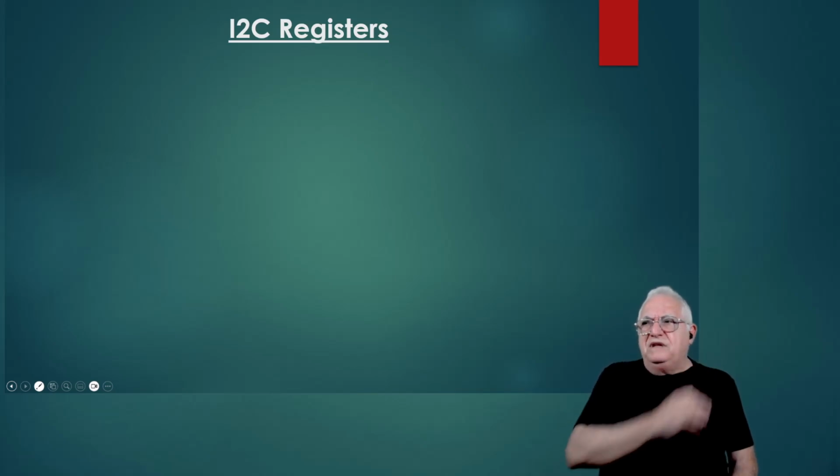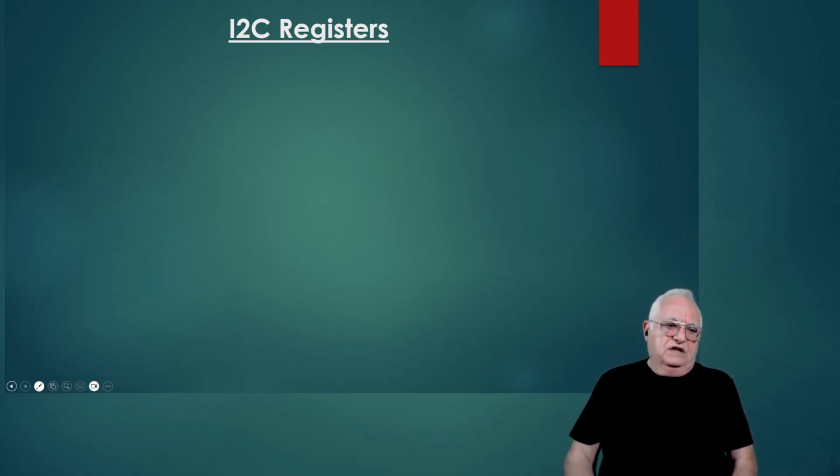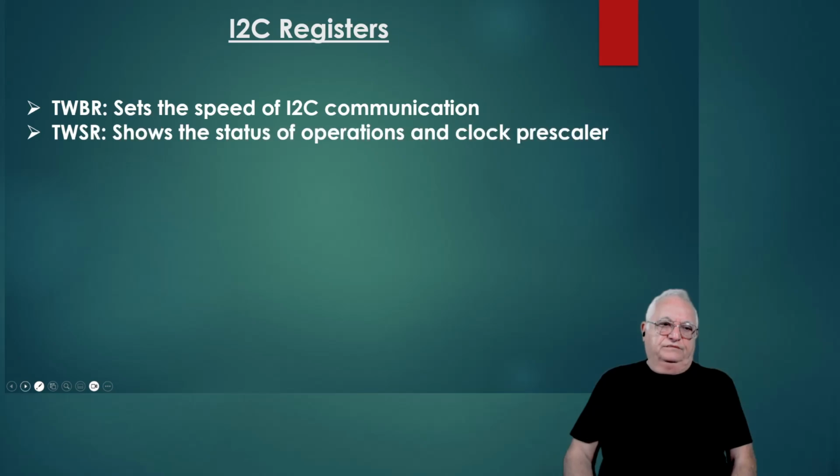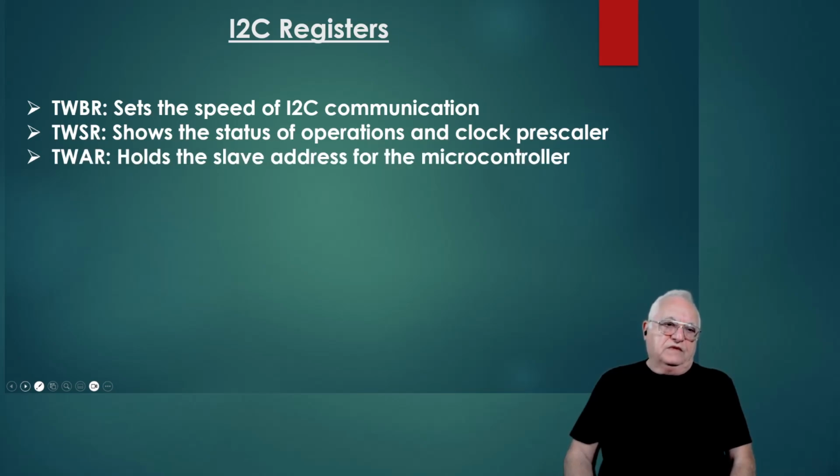So let me explain the registers. We have the TWBR, which sets the speed of the communications. Then we have the TWSR, which shows the status of the operations and the clock prescaler. That's where you get all the status codes that we've been talking about. The TWAR holds the slave address for the microcontroller.